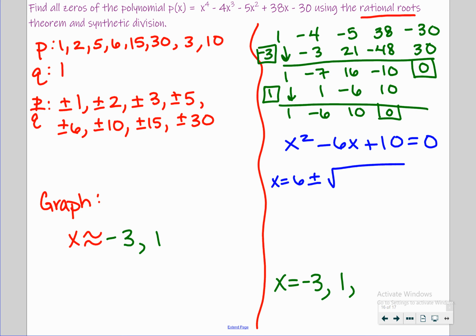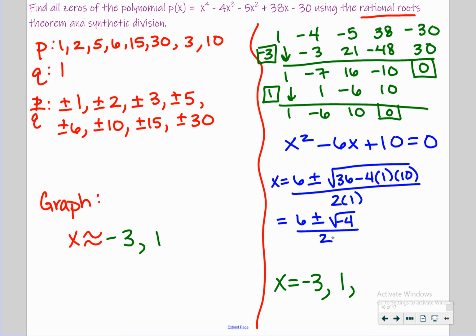Plus and minus. Square root. B squared is 36. Minus 4 times a is 1 times c is 10 all over 2a, 2 times 1. Simplify under that square root first. I'm going to have a 36 minus a 40, so I'm going to have -4 under my square root and a 2 in the bottom.